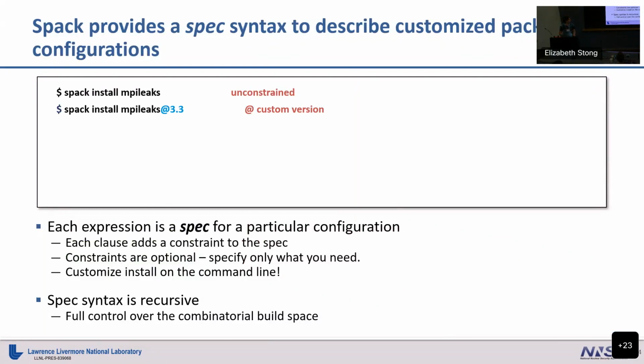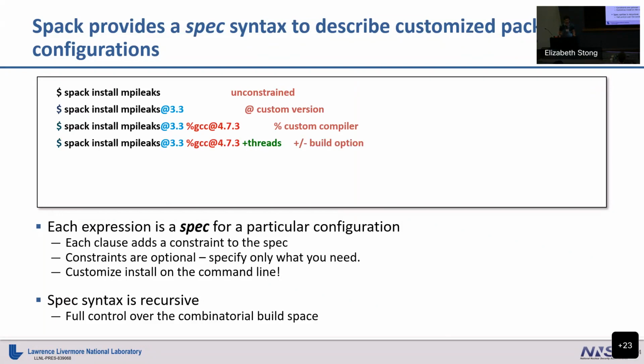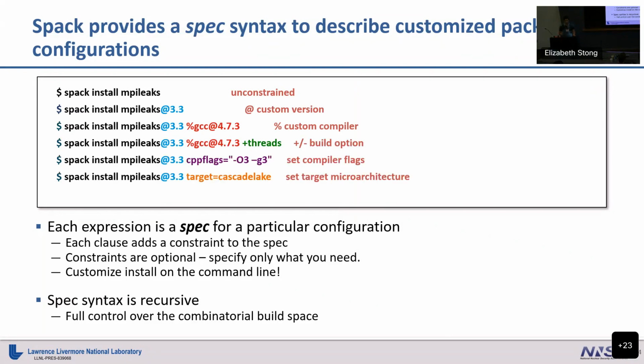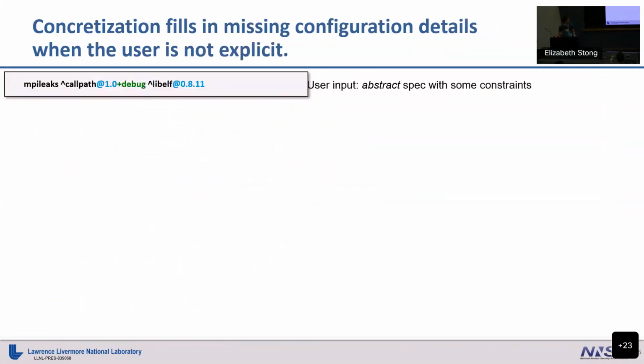So I can say I care about the version, I care about the compiler or the compiler version, build options, compiler flags, targets. It's a telescoping syntax, so I can say it about my dependencies. And it gives me the full ability to specify anything about the build. So that's one of our contributions.